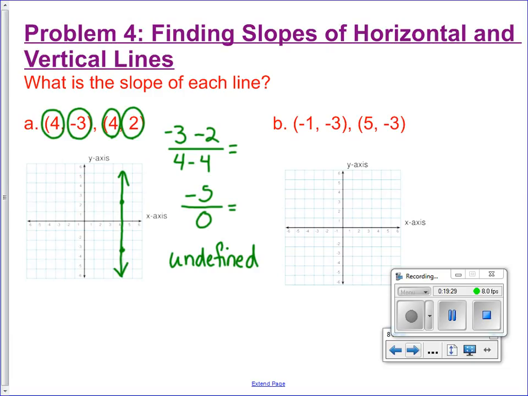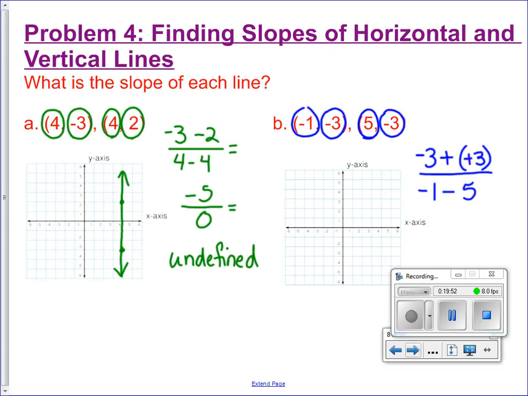All right, in our next example, using our slope formula, I'm going to take negative 3 minus negative 3 over negative 1 minus 5. All right, well, negative 3 minus negative 3, adding the opposite, I get 0 over negative 1 minus 5 is negative 6.